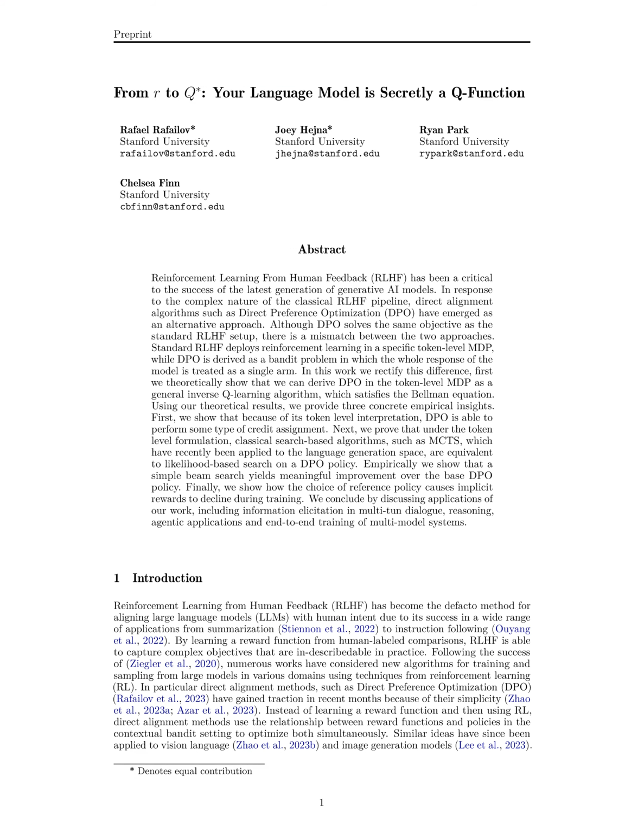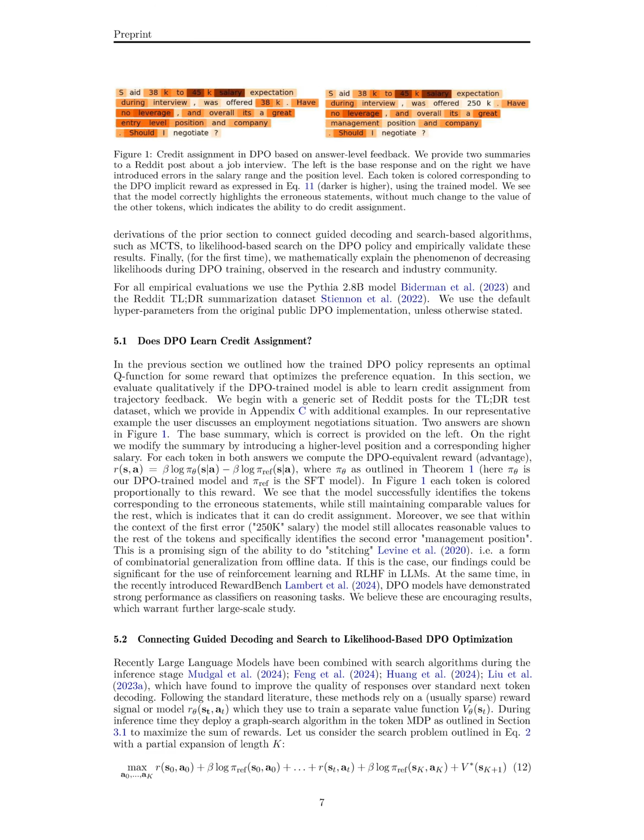By coloring each token proportionally to this reward, the model successfully identifies tokens corresponding to erroneous statements while maintaining comparable values for the rest. This indicates the model's ability to assign credit accurately based on trajectory feedback.